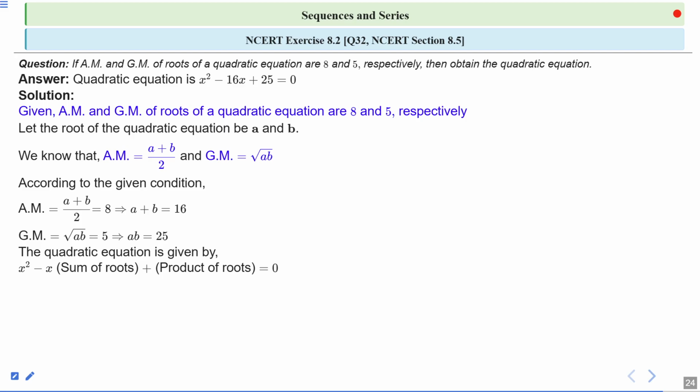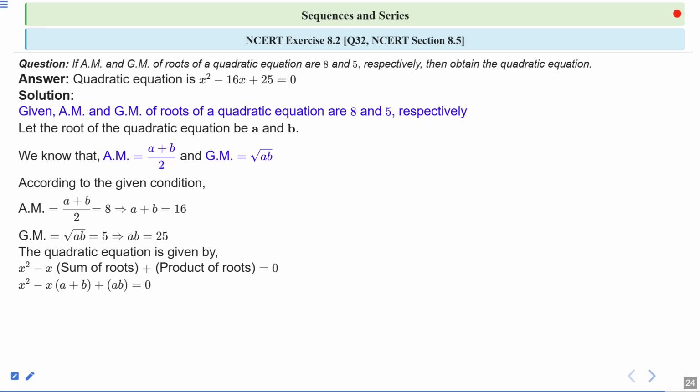Here we are given A plus B equal to 16 and AB equal to 25, that means the sum of roots is 16 and the product of roots is 25. Then you can write x square minus x times (A plus B) plus AB equal to 0.